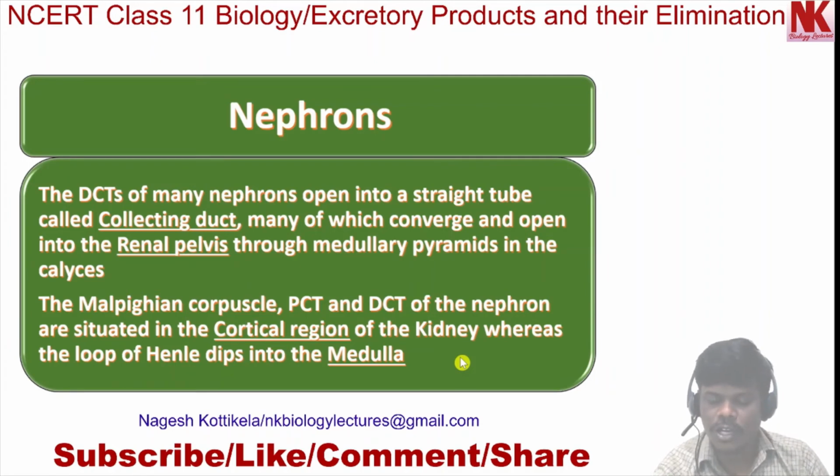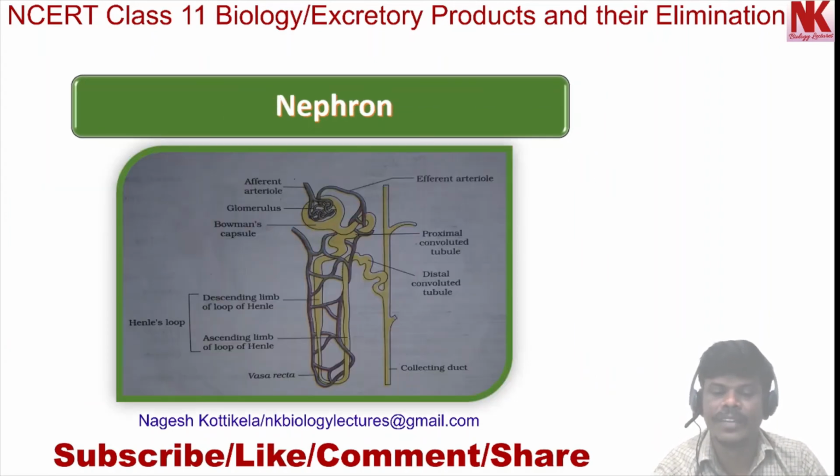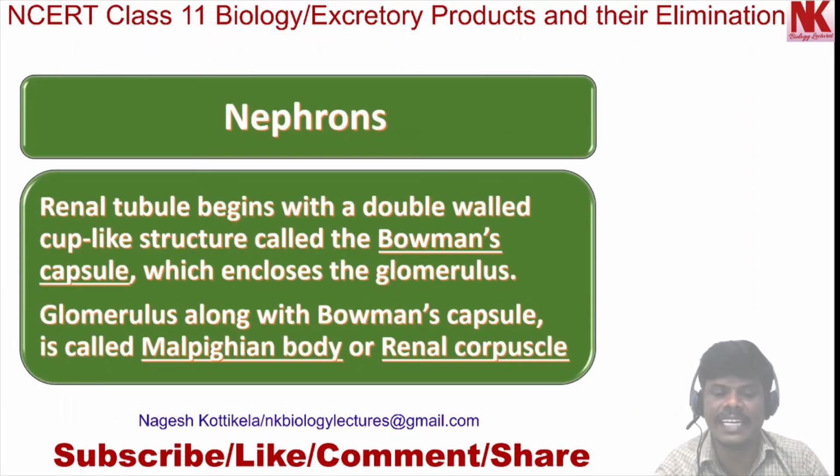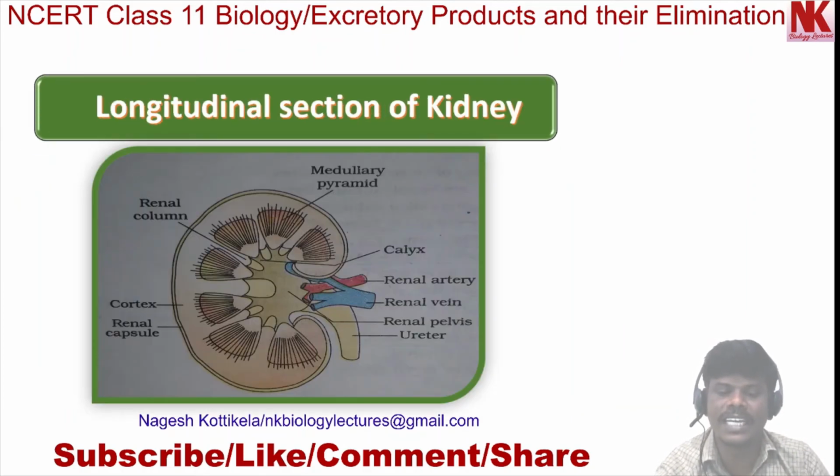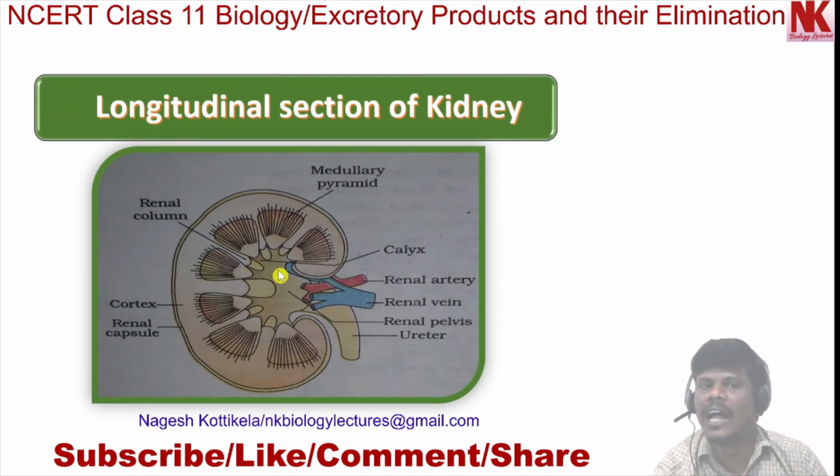So you can see here in the diagram, this is the collecting duct. Many such structures converge and open into the renal pelvis through the calyces. Now you can see here, all these collecting ducts converge and open into the renal pelvis through the calyces.